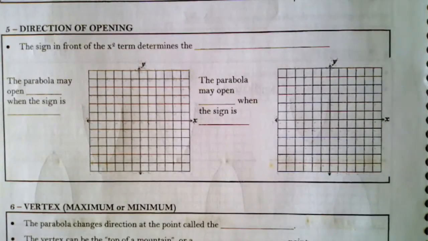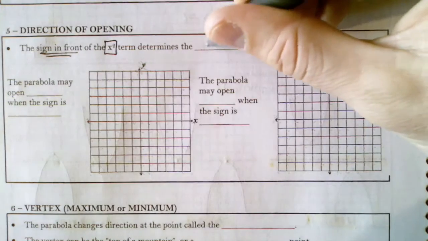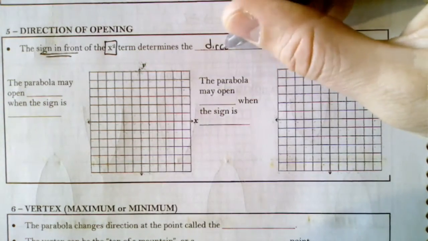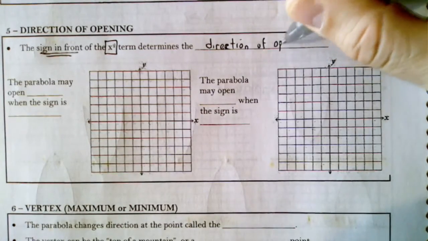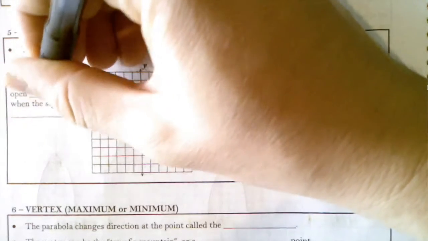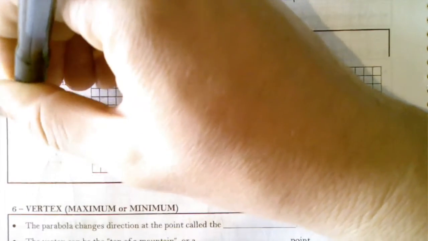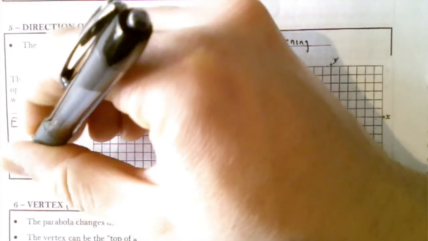Direction of opening is something that we talked about in the first lesson. The sign in front of the x squared term determines the direction of opening. The parabola may open up when the sign is positive. So for example, if we have an x squared term, or say we have 2x squared, or maybe we have a fraction in front of x squared.